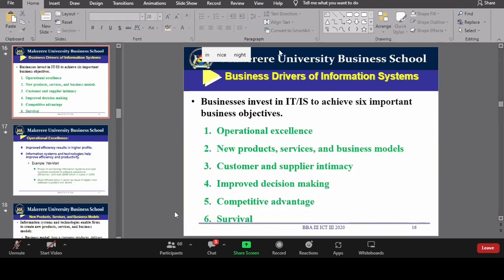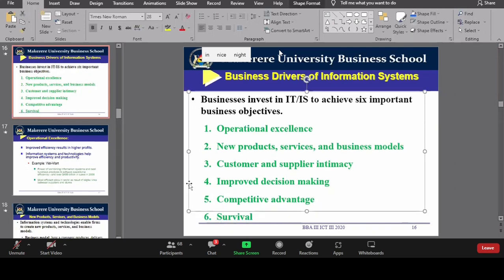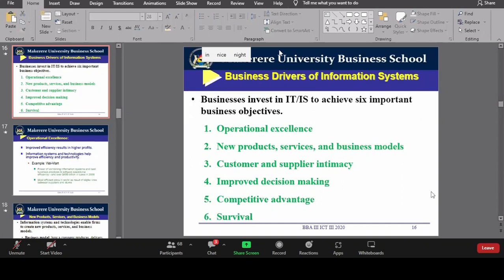Don't you think that is where it works better? On survival, just like MM said, we are looking at how do we remain afloat despite anything that will happen in the organization? How are we able to see our future even if things don't work out the way we want them to work out? That is what we are mainly targeting. I hope that is clear to all of us.